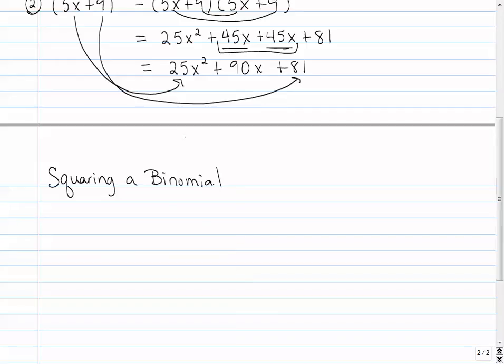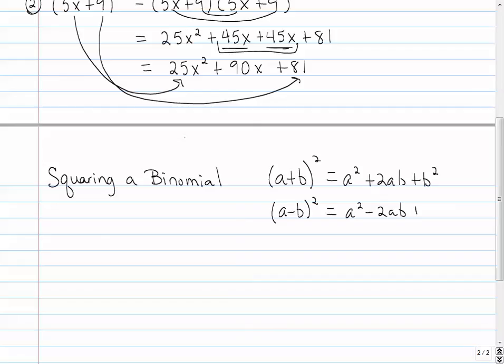If you have a plus b squared, the formula for squaring that is a squared plus 2ab plus b squared. If you have a minus b squared, the formula for squaring that is a squared minus 2ab plus b squared.